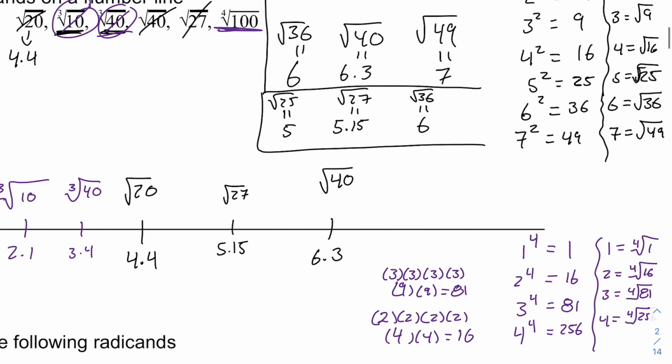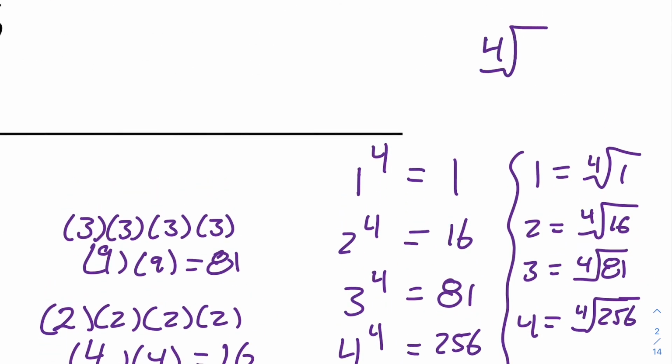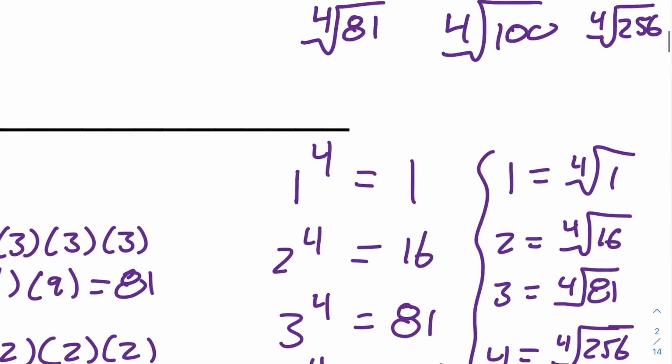Now, if we look at our fourth root of 100, let's estimate where that is. So the fourth root of 100, well, what does it fall between? That falls between the fourth root of 81 and the fourth root of 256.